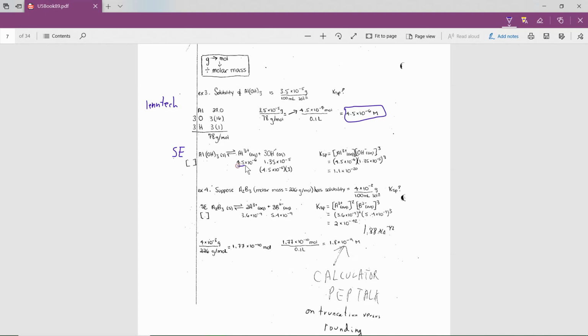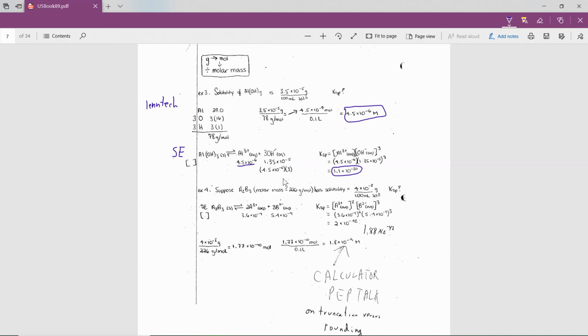The solubility is 4.5 by 10 to the minus 6, so aluminum 3 plus is 4.5 by 10 to the minus 6, and the OH minus is 3 times that, so 1.35 by 10 to the minus 5. Okay, then the KSP is going to be 4.5 by 10 to the minus 6 times 1.35 by 10 to the minus 5 cubed, and I get 1.1 by 10 to the minus 20. So that is my value for KSP.